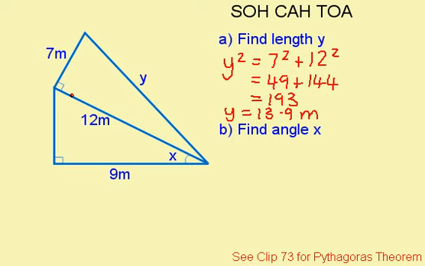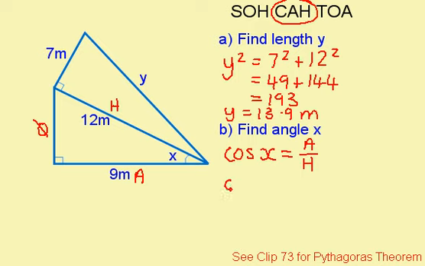I now need to use trigonometry to find the angle x. I'm going to start by labelling the sides, H, O and A. I don't need O, so I know that I'm using cos. So, cos x equals A divided by H. So cos x equals 9 divided by 12.